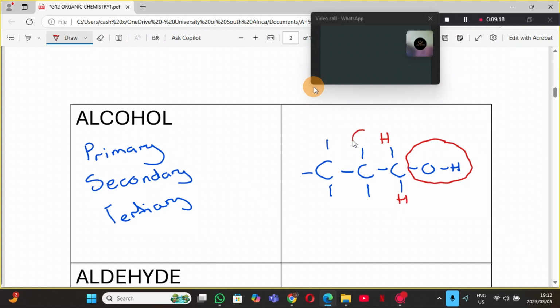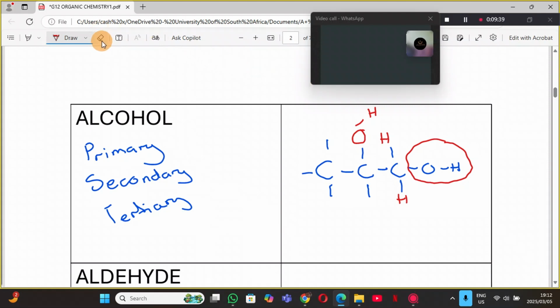But if I had put my OH here, this is now a secondary. Why? Because the C it's related to is also related to two carbons. Oh, okay. So now it's a secondary, right? Yeah.